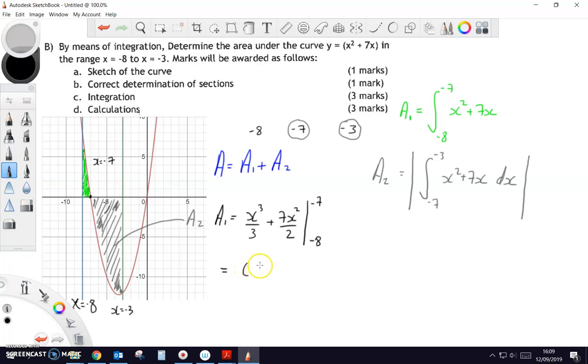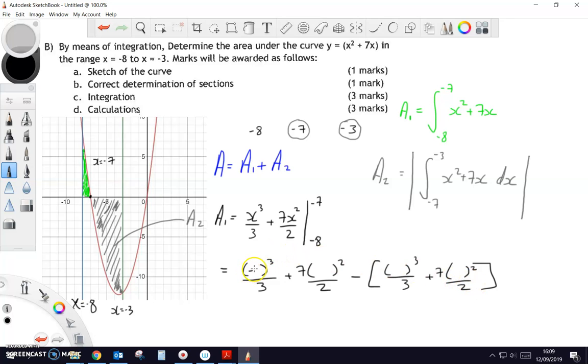We have a bracket cubed over 3 like that, plus 7 times the bracket squared over 2 like that, and we're going to be subtracting whatever we get in our second bracket here, something cubed over 3 plus 7 times something squared over 2.